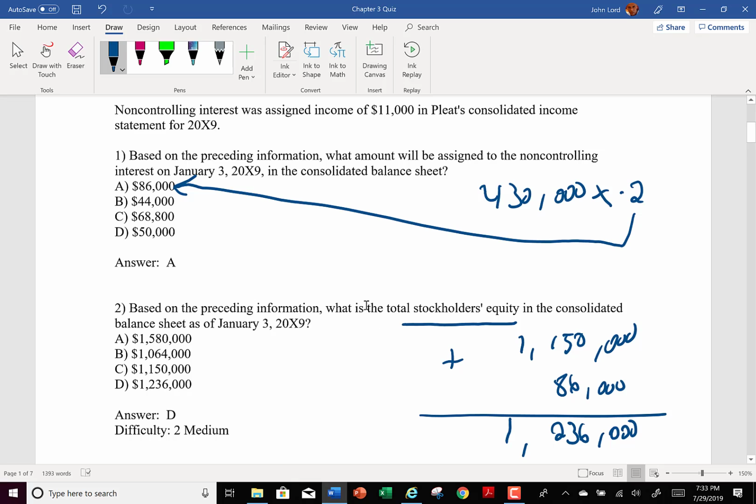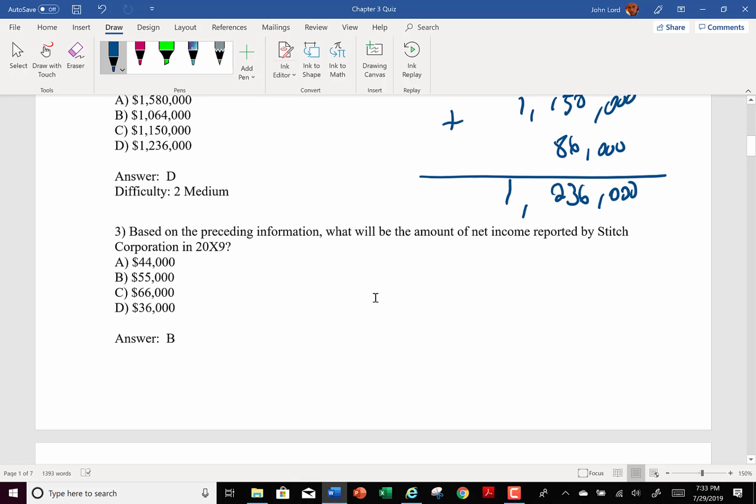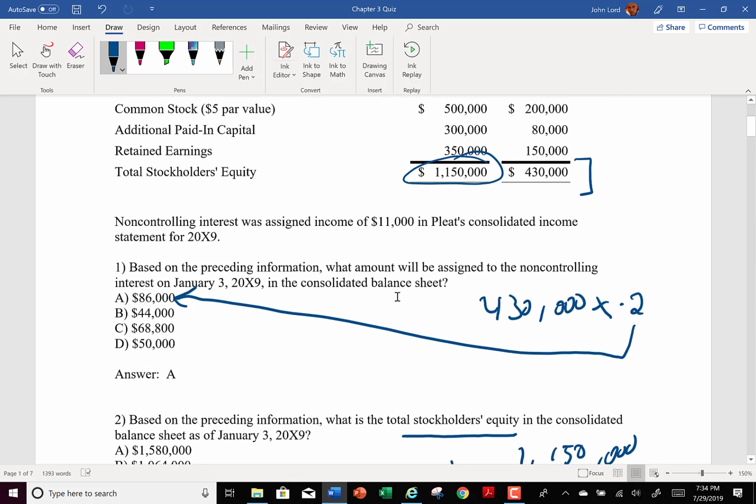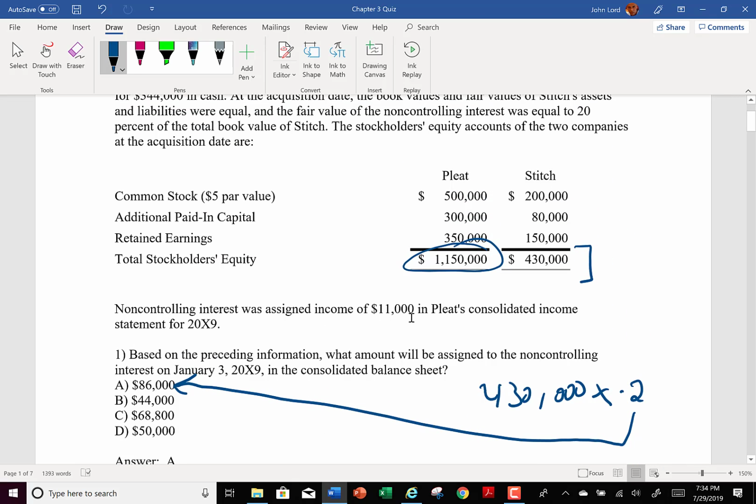Number 3, based on the preceding information, what is the amount of net income reported by Stitch Corporation? If we're trying to get Stitch Corporation's total net income, they told us that 11,000 is assigned to the non-controlling interest.